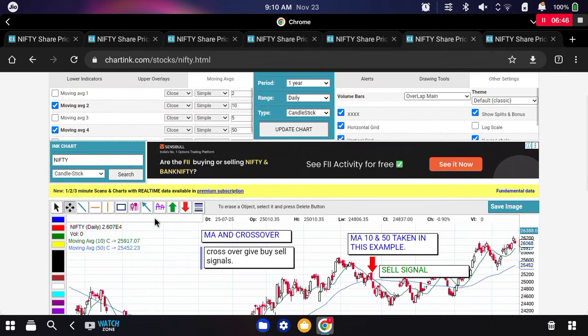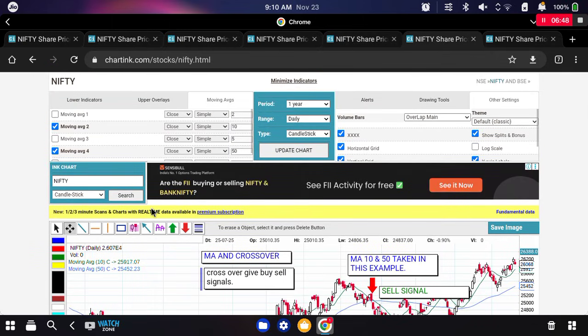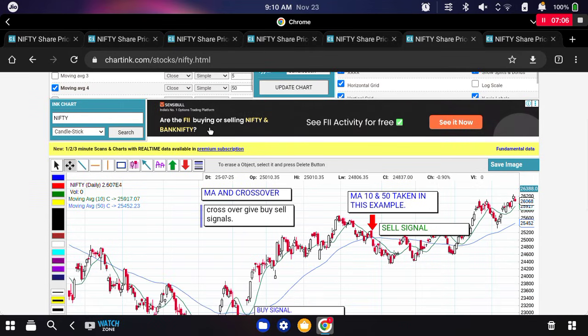Friends, let us check now the crossover, how buy and sell signals are given. Here you can see the moving average, simple moving average. I have written simple moving average of 10 and simple moving average of 50. You could also do, by clicking here and here, you could also take the exponential moving average.